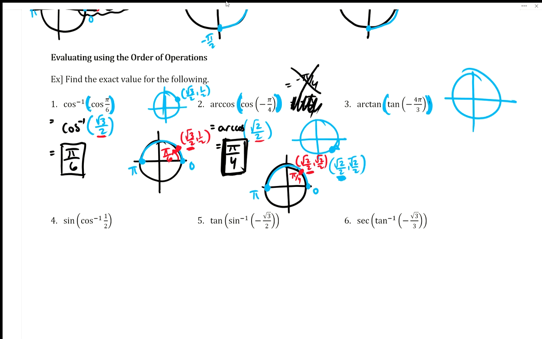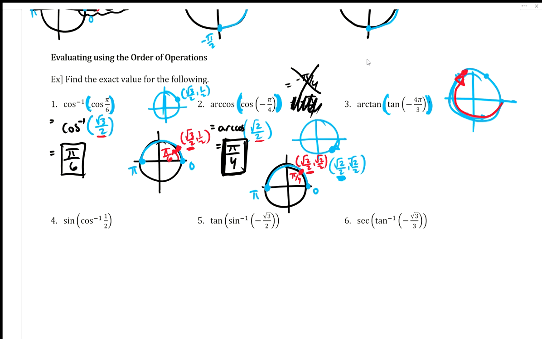Because it's a 3 in the denominator, I know it's one of these four that's close to the y-axis. Negative 4 pi over 3, let me mark it in red, would wrap around and put us in quadrant 2. Or if you did 2 pi over 3, it puts us there still.